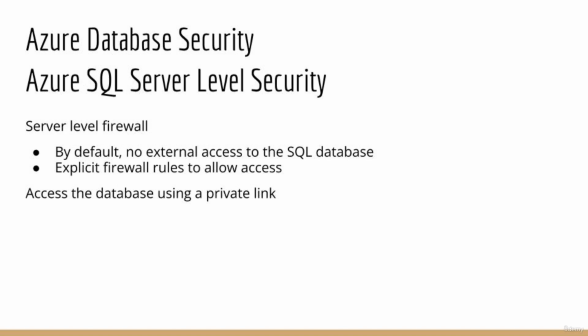By default, no external access to your SQL database will be allowed until you explicitly assign permission by creating a firewall rule. It's good practice to disallow access to the Azure SQL database from the outside networks, such as internet. In general, it's the application server that needs to be exposed to customers. And what needs to be done is creating a link between this application server and the database server.